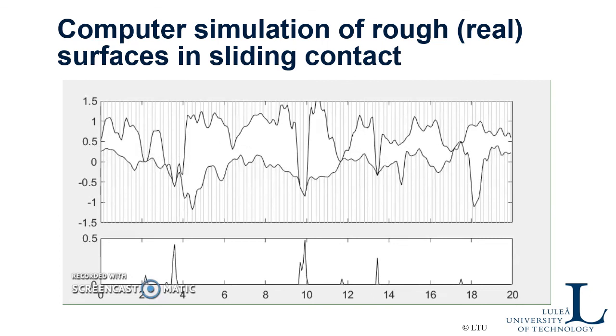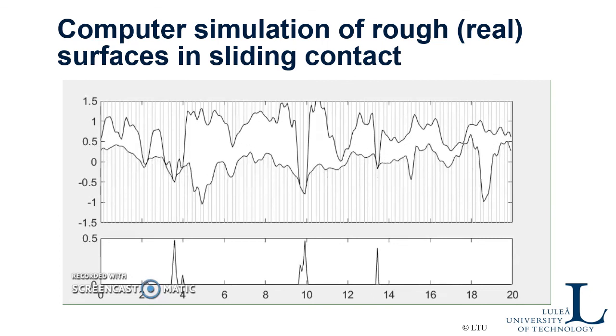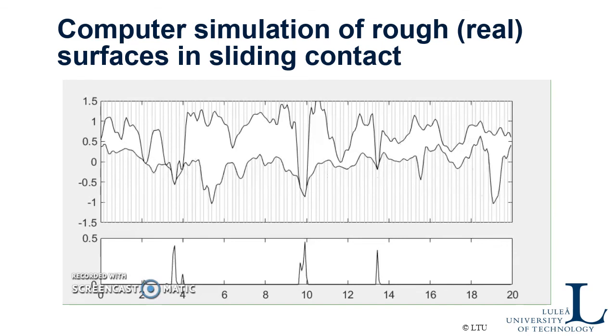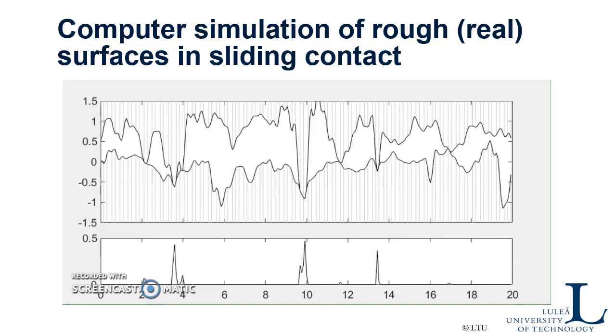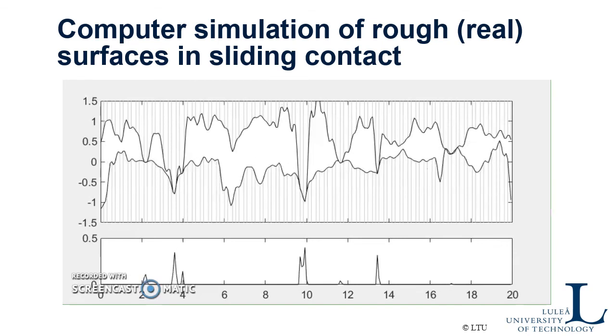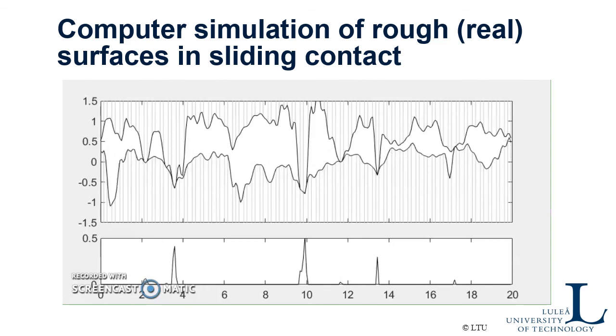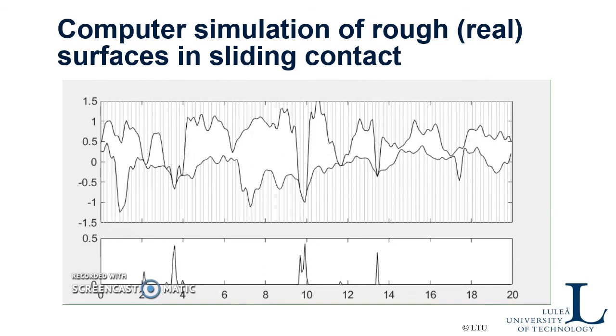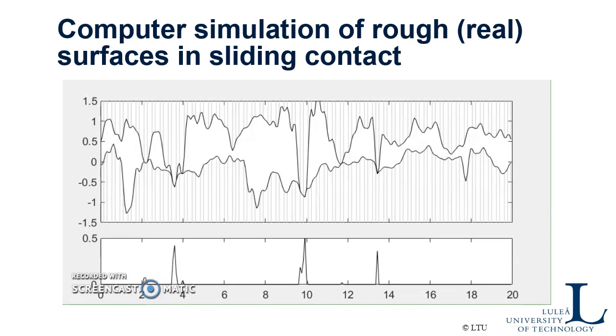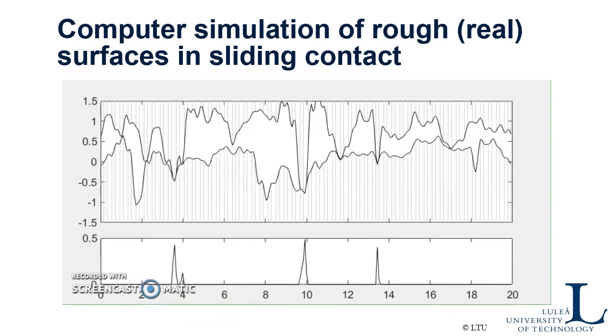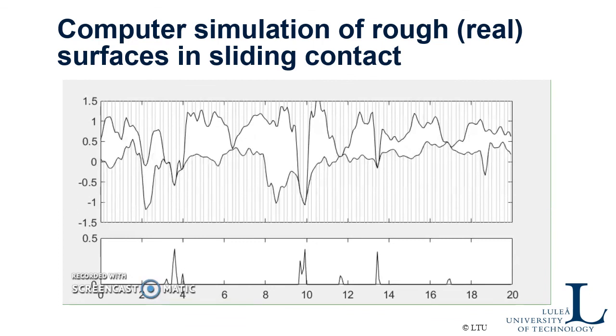So normally you reach some plastic deformation levels there. So even if you have two very shiny smooth surfaces, even if you put them in contact, they still only touch in a few spots. That's something to remember when you work with tribology.